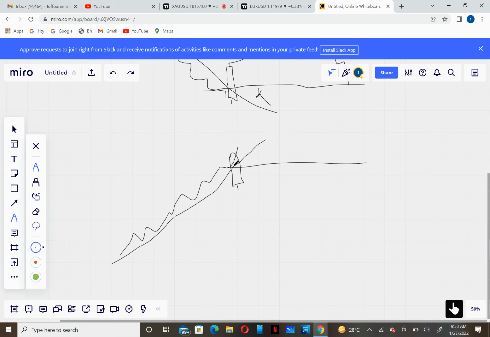So this is it. Uptrends and downtrends are made of higher lows and lower highs. So this is an uptrend. We have our higher lows there.